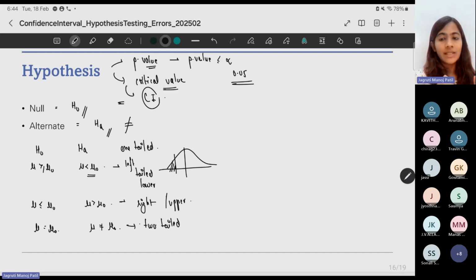Here I'm assuming my distribution is only one-sided, not two-tailed. So if the p-value is less than 0.05, then I'll reject my null hypothesis and accept my alternative hypothesis, which is the research claim that I want. Okay. Yes, someone wants to say something?